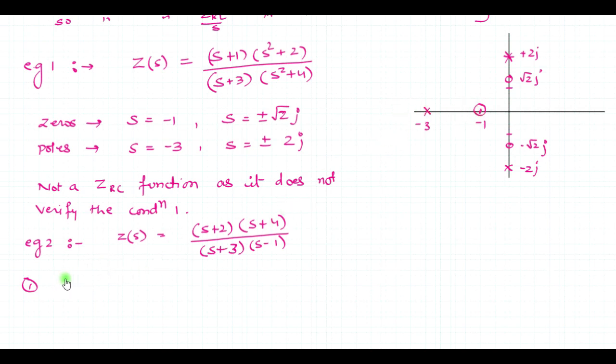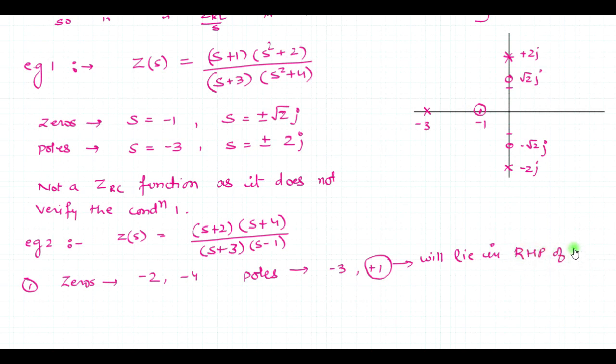Let us find out its poles and zeros. Zeros are lying on minus 2 and minus 4, and poles are lying on minus 3 and plus 1. And if I go on to plotting these, this pole will lie on the right hand side of the S plane. So the given function will not be a ZRC function.